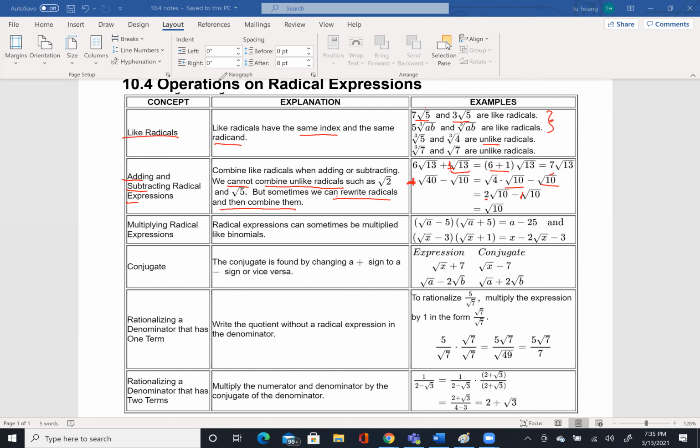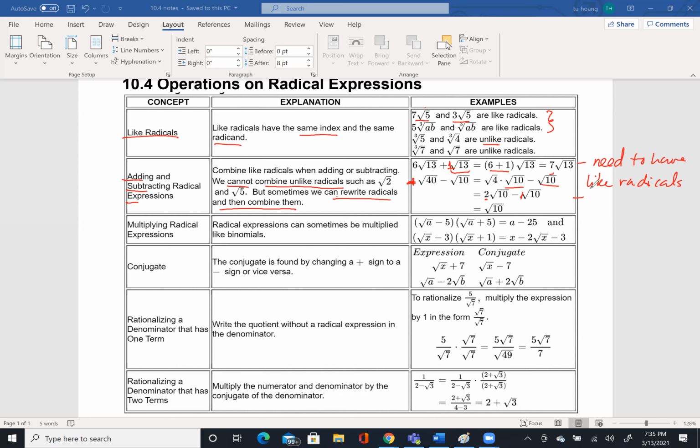Remember that for adding and subtracting radicals, you need to have like radicals. If you have unlike radicals, you must try to rewrite them to become like radicals.